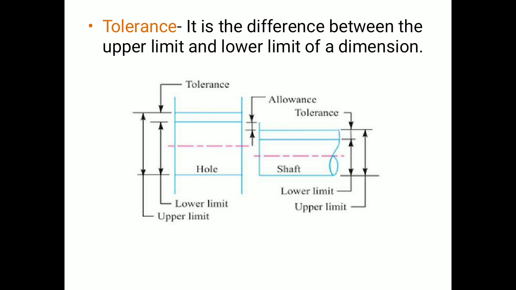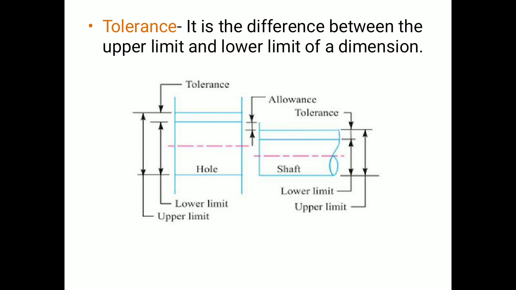You can see in the image that for both the hole and shaft, two sizes are defined, that is the lower limit and the upper limit. So the difference between the upper limit and lower limit for the hole will give the tolerance for the hole, whereas the difference between the upper limit and the lower limit for the shaft will give the tolerance for the shaft.